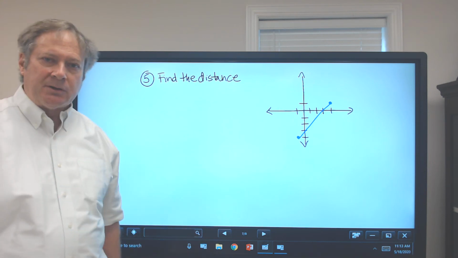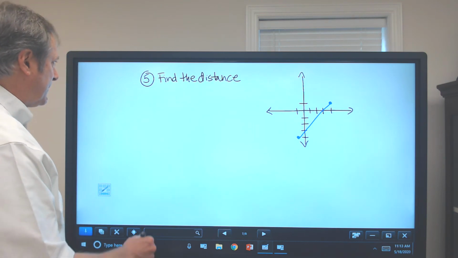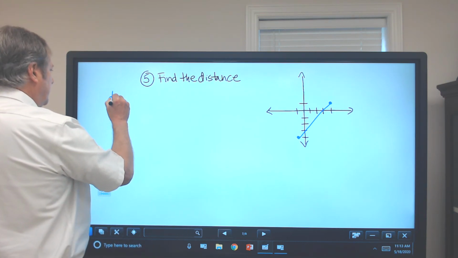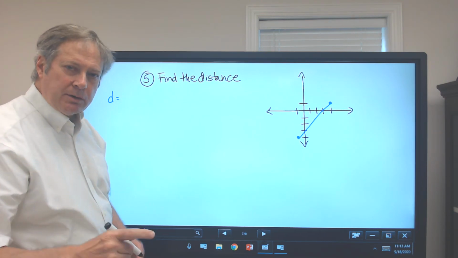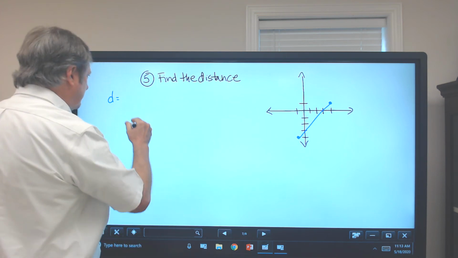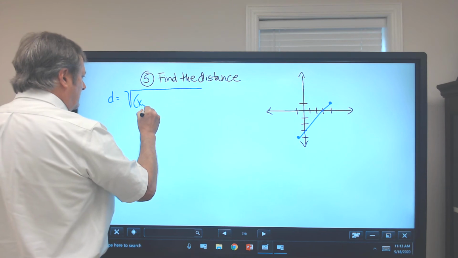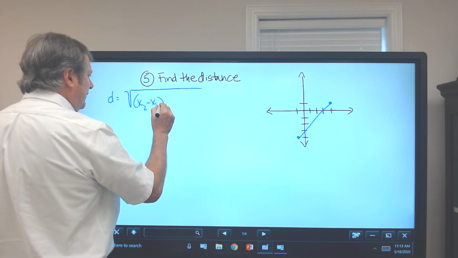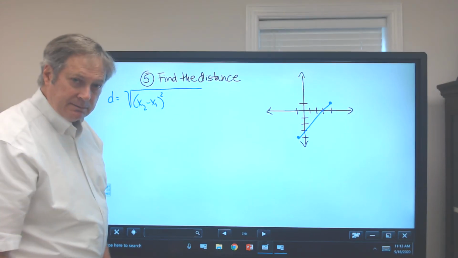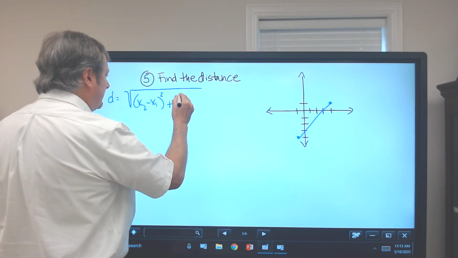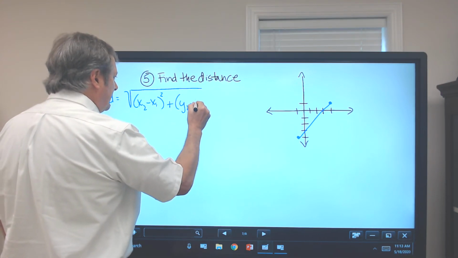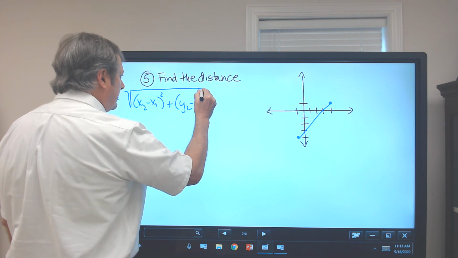But the distance formula, you also need to commit to memory. And here it is. The distance between any two ordered pairs on a graph, and that's what we're dealing with, is the square root of the difference of the x's squared plus the difference of the y's squared.